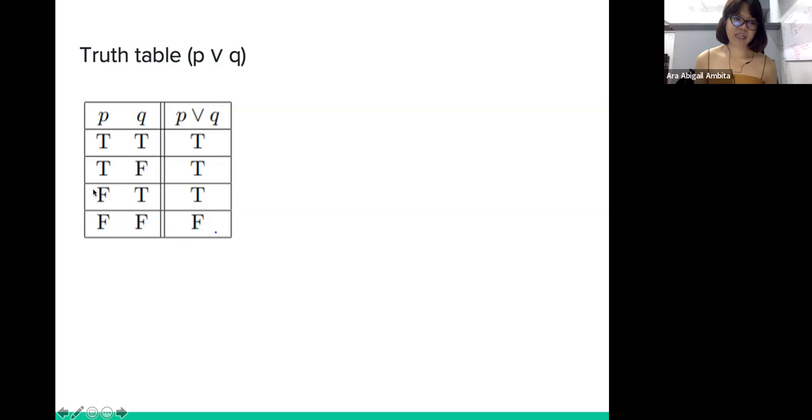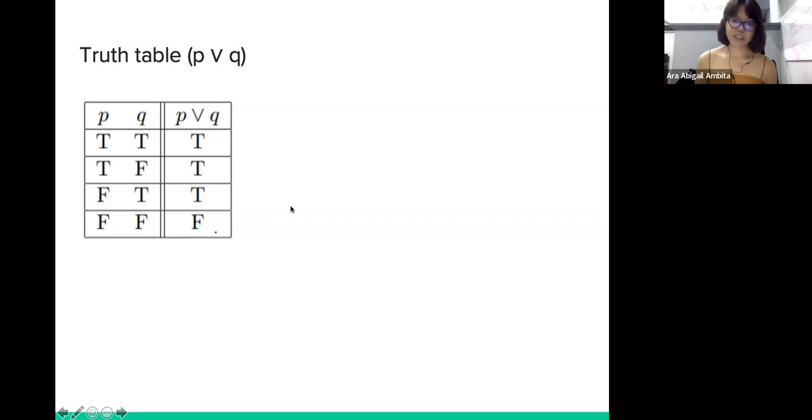And if P is false, the Q could either be true or false. So these are the possible combinations of truth values. We have true, true, true, false, false, true, and false, false.